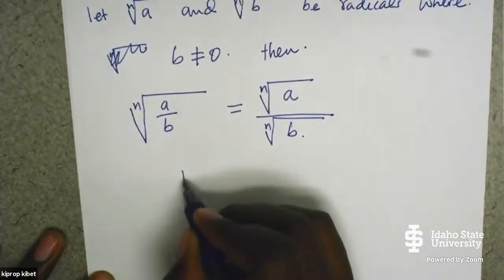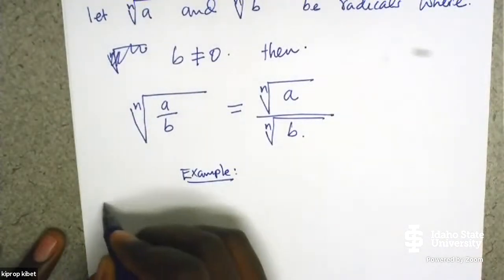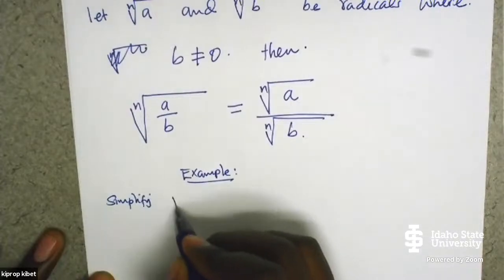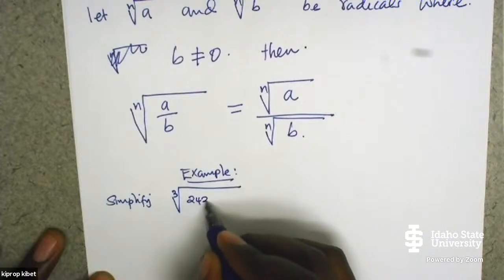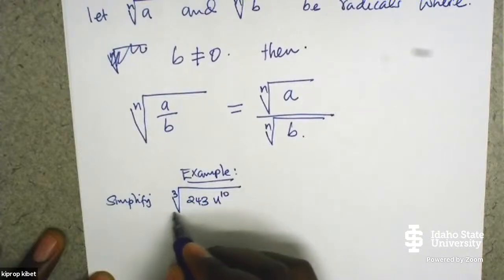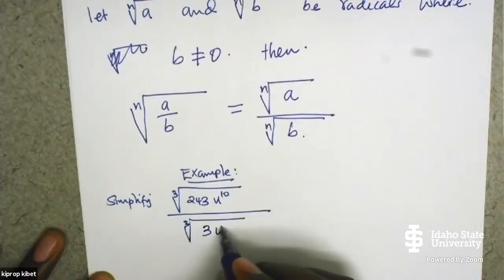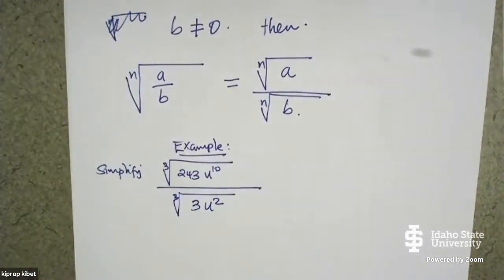For example, simplify the cube root of 243 u raised to 10 all over the cube root of 3u squared.